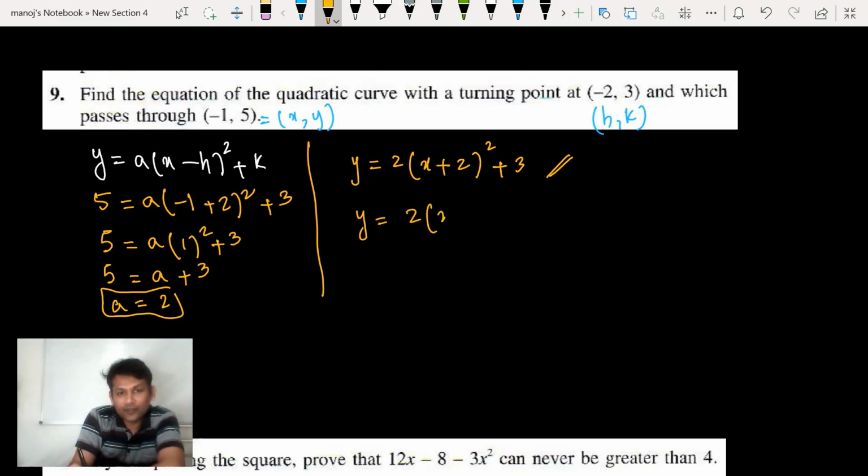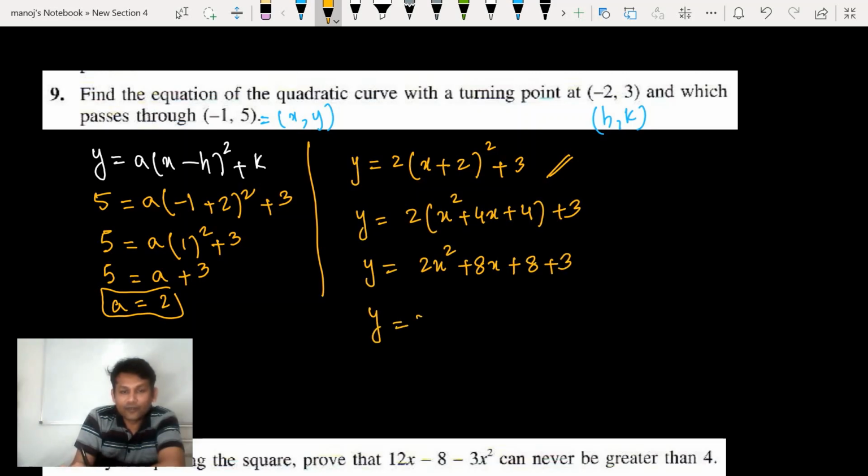It's better to expand. 2 times x square plus 2 times 2 is 4x plus 4, and plus 3. When you simplify this, 2x square plus 8x plus 8 plus 3, and the final answer is 2x square plus 8x plus 11, and that's your final answer.